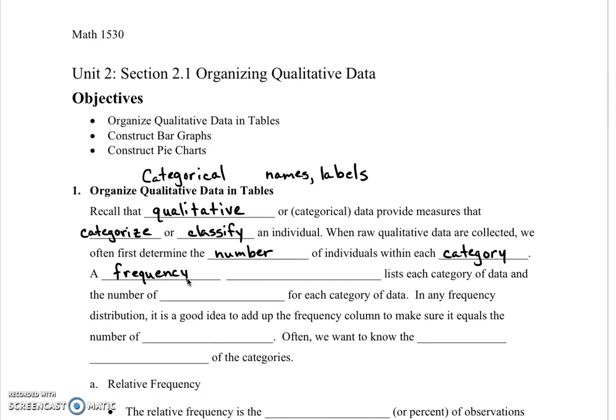And a frequency distribution lists each category of data and the number of occurrences for each category, meaning the number of people in that group. In any frequency distribution, it's a good idea to add up the frequency column to make sure it equals the total number of observations.